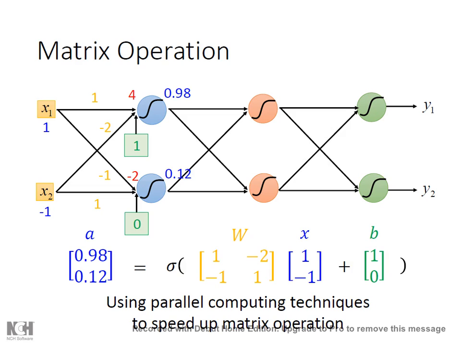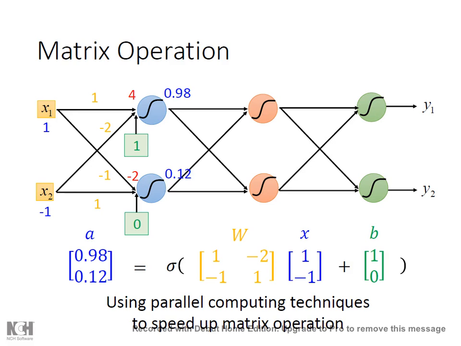Okay, so actually we can use a matrix to denote such a complete operation. So here you can see, such an operation can be formulated like this. It's actually a matrix, right?